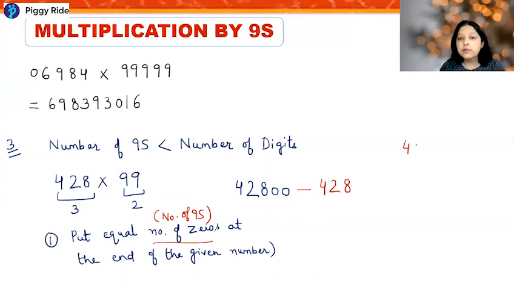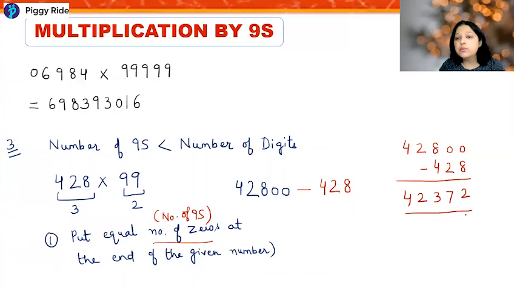So we do the subtraction, 42800 minus 428. Like the normal subtraction, it is 10 minus 8, 2, 9 minus 2, 7, 7 minus 4 is 3, then 2, and then 4. So 42372 is our final answer.